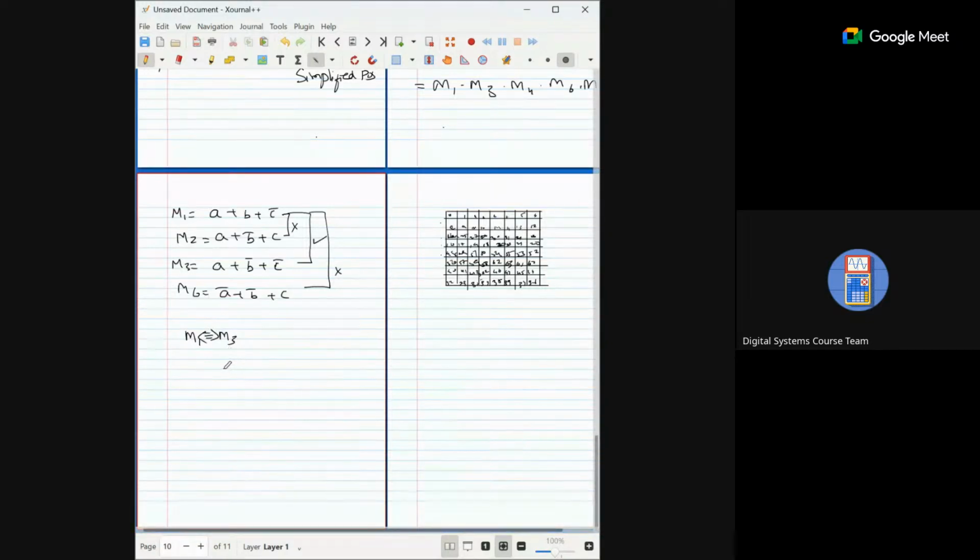Whether M2 and M3 are adjacent? Yes, sir, M2 and M3 are adjacent. M2 and M6? Yes, sir, those are also adjacent. Then M3 and M6?